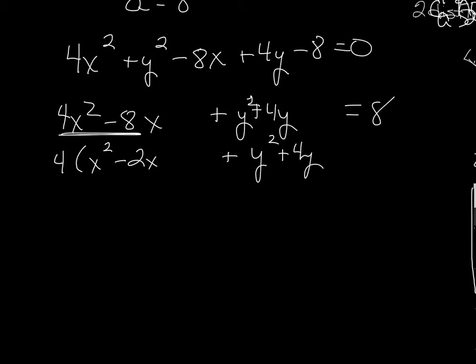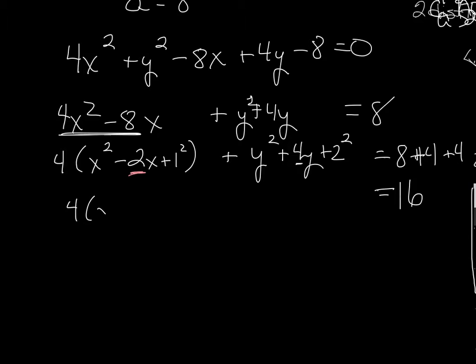Okay, so we take half the middle term and square it and add it to both sides. But I'm not adding 1, I'm adding 4 times 1. Here I take half the middle term and square it, and this time I'm just adding 4 because there's nothing in front. So this becomes a 16.